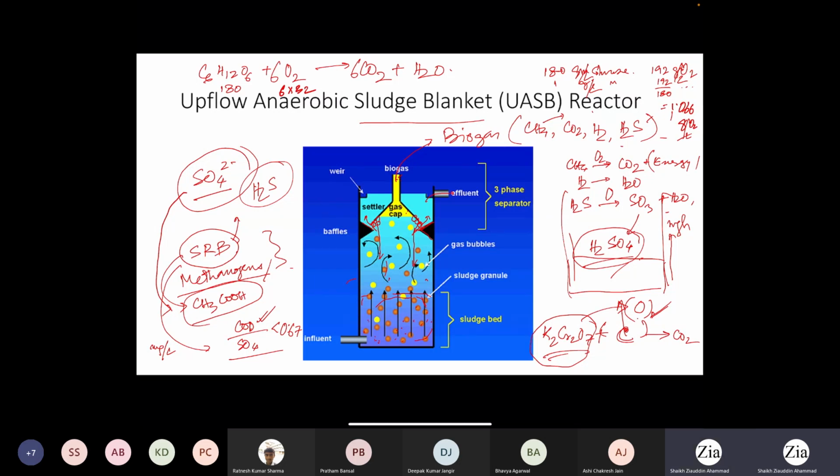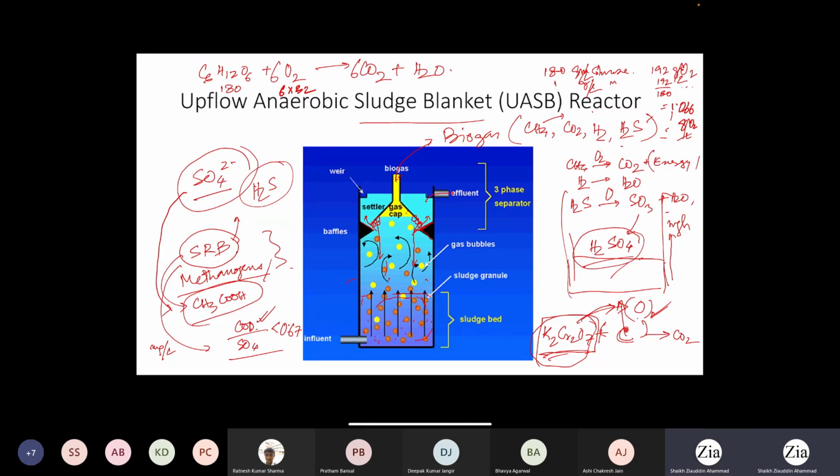After 1 hour, you check the residual dichromate concentration. The initial minus residual gives you the spent dichromate concentration, and from there you can calculate the amount of oxygen present in that spent dichromate, which got utilized for complete oxidation. Then you get the concentration value, and that will give you the COD value.